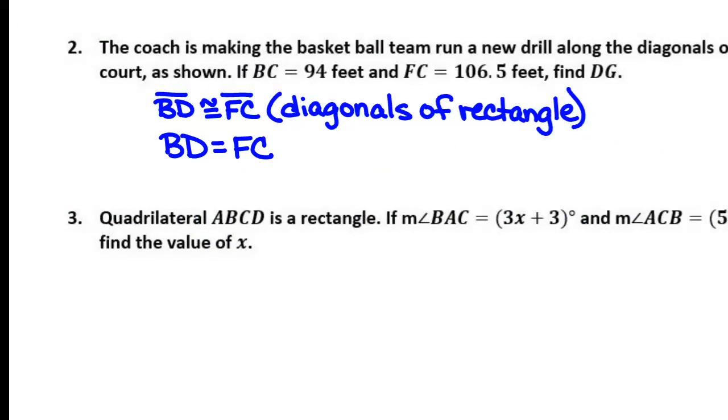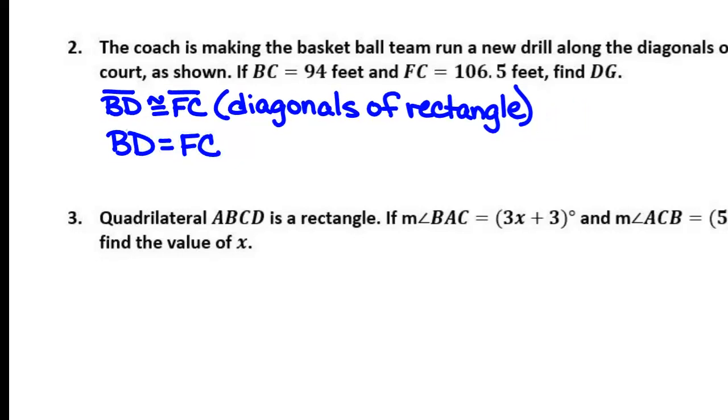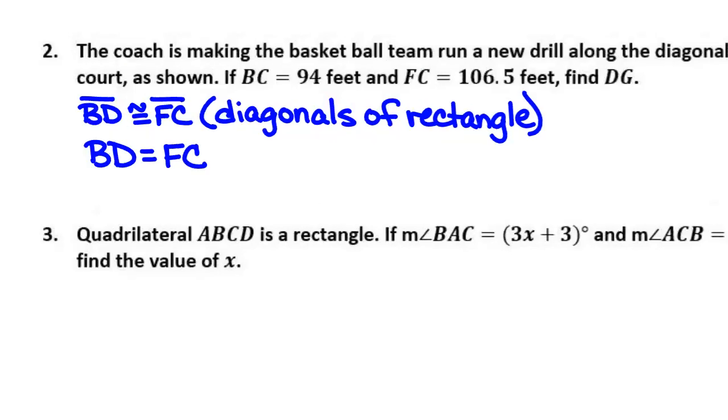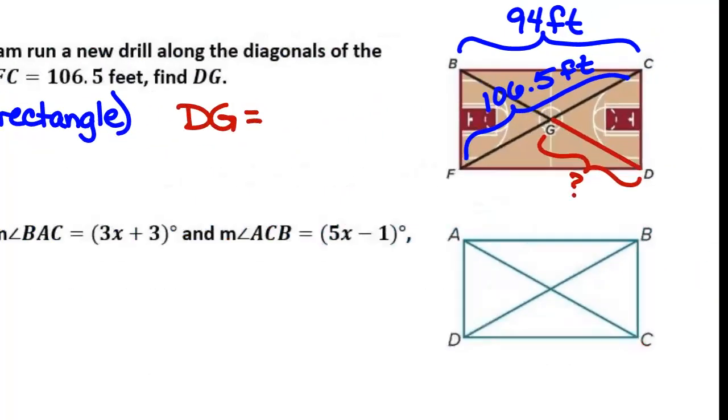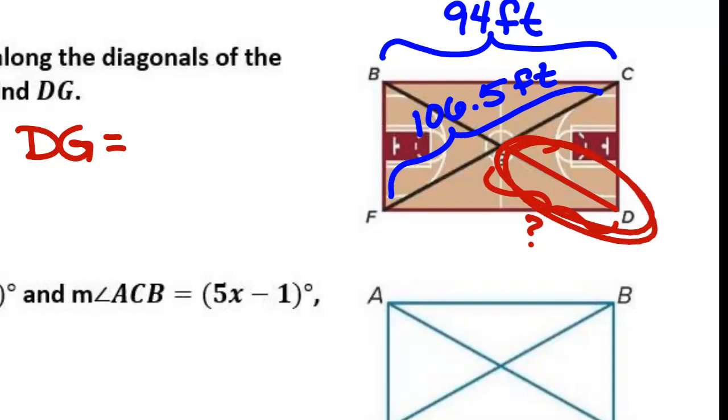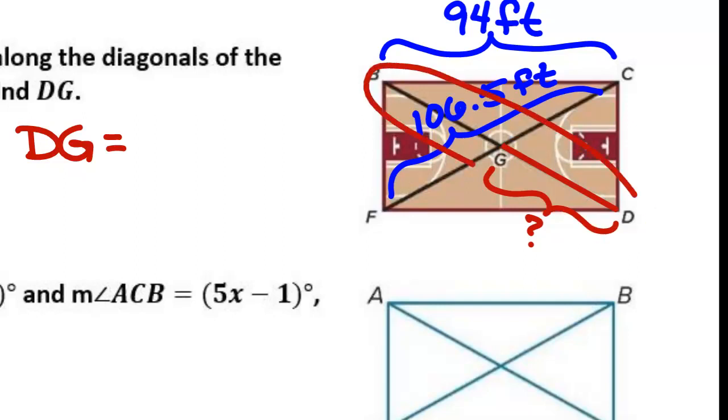We're going to need to use that information now to help us find the length of segment DG. So looking at that picture, what relationship would DG have to this whole diagonal here?